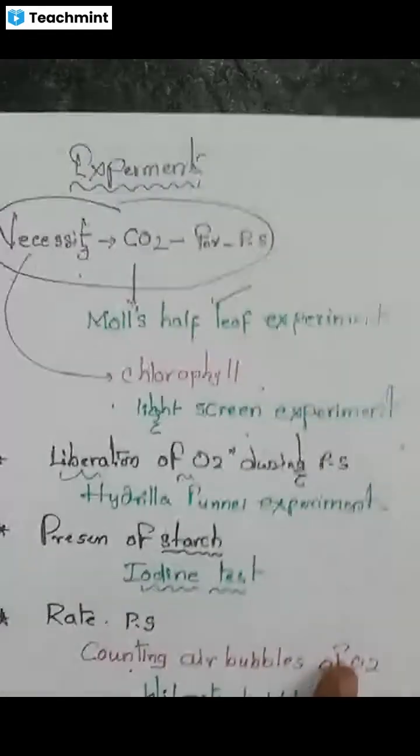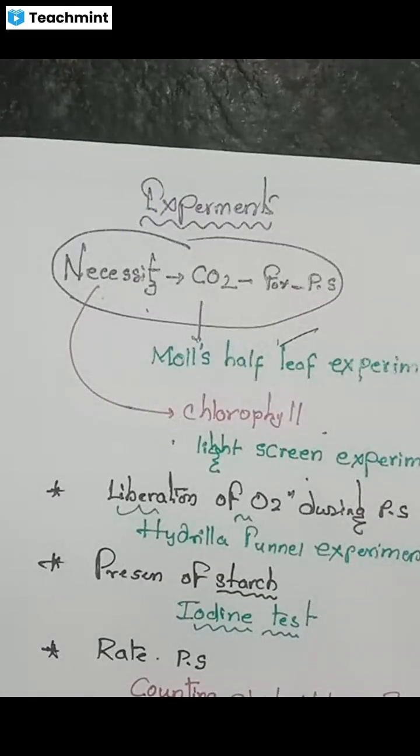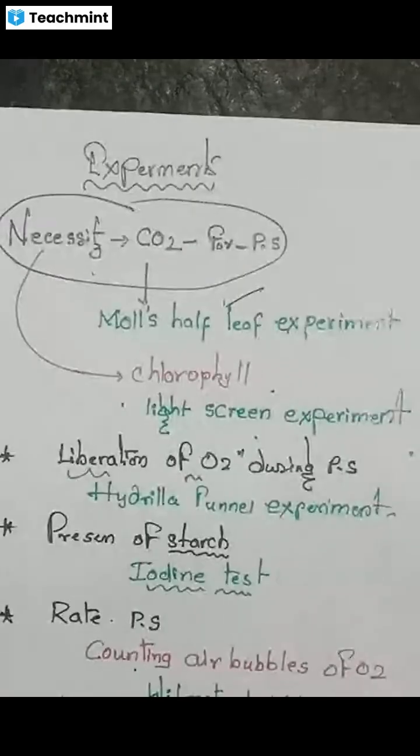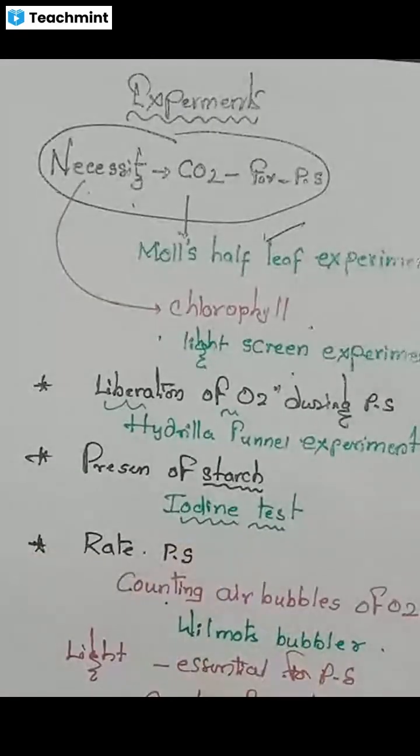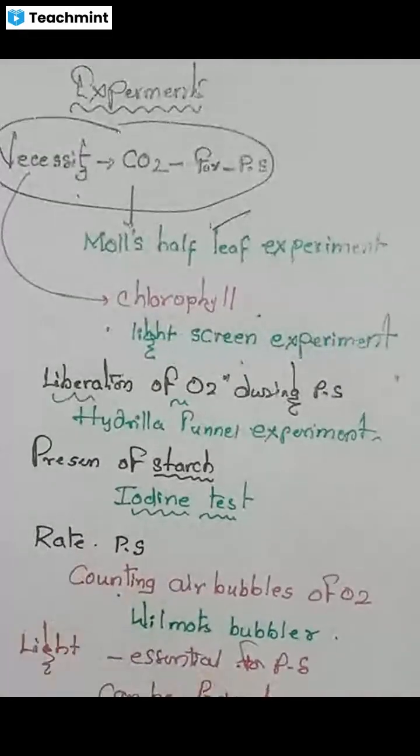So these are the major experiments in photosynthesis. First, the necessity of carbon dioxide can be demonstrated by Moll's half-leaf experiment. The necessity of chlorophyll by the light screen experiment.